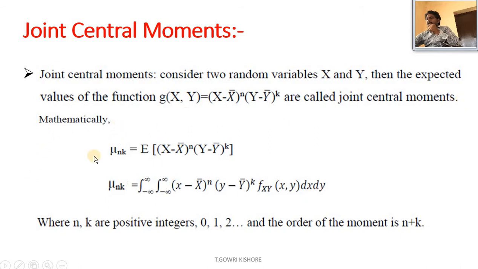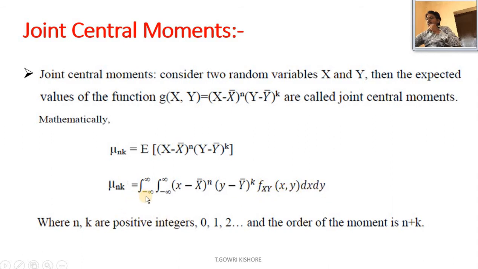Mathematically, it can be expressed as mu nk equal to expectation of (x minus x bar) whole power of n, (y minus y bar) whole power of k, where mu nk equal to integral from minus infinity to infinity, integral from minus infinity to infinity of small (x minus x bar) whole power of n into small (y minus y bar) whole power of k into fxy of x comma y into dx into dy.